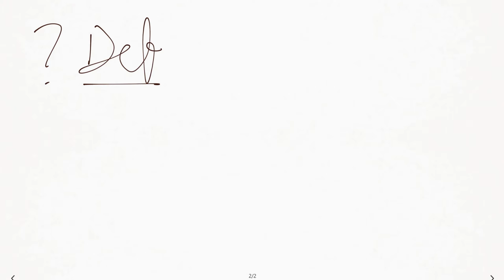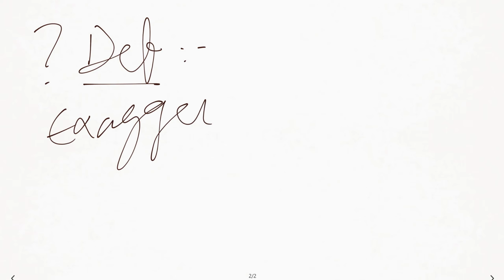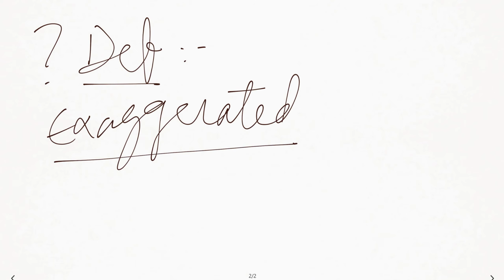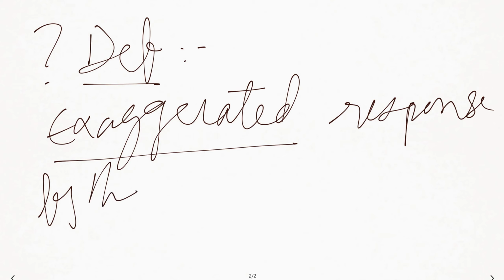Okay, so the definition of hypersensitivity reaction: it is an exaggerated response, and let me tell you that this is the key word here. It is an exaggerated response by the immune system to a certain or a particular stimulus.